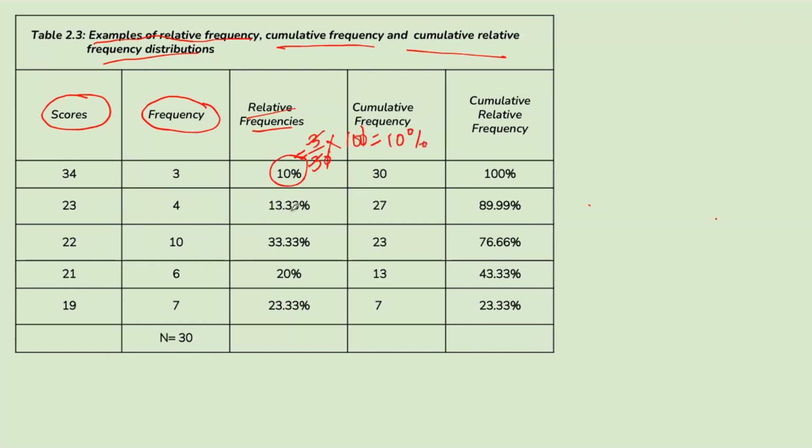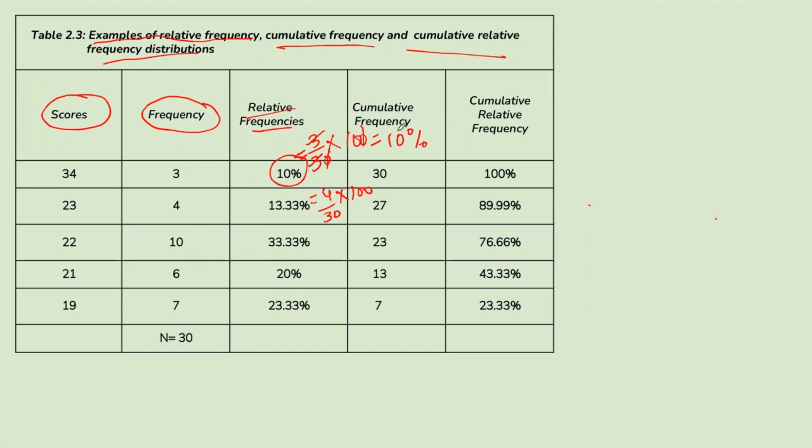Similarly, how do you get 13.33? That is 4 divided by 30 into 100. Similarly, 33.33 will be 10 divided by 30 into 100. 20% will be 6 divided by 30 into 100, and 23.33% will be 7 divided by 30 into 100. So this is how you calculate the relative frequency.